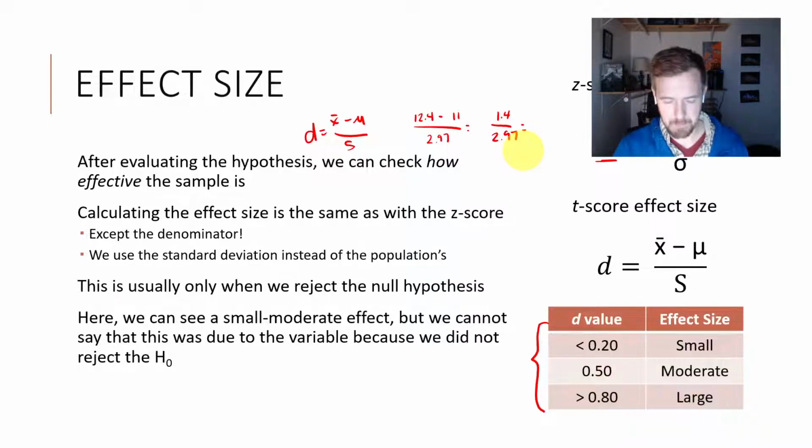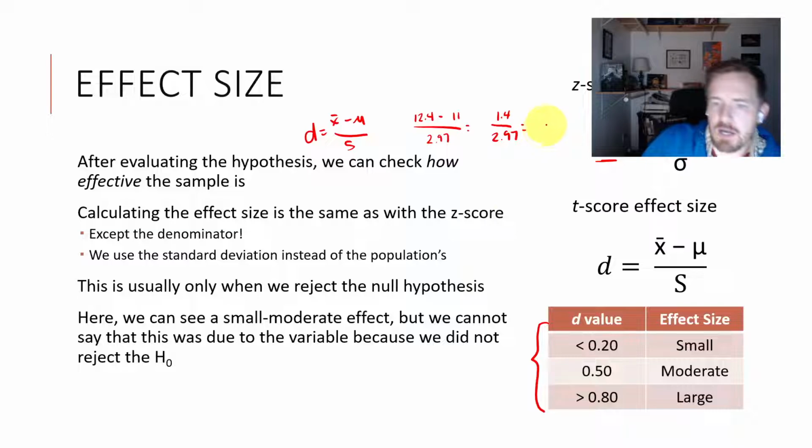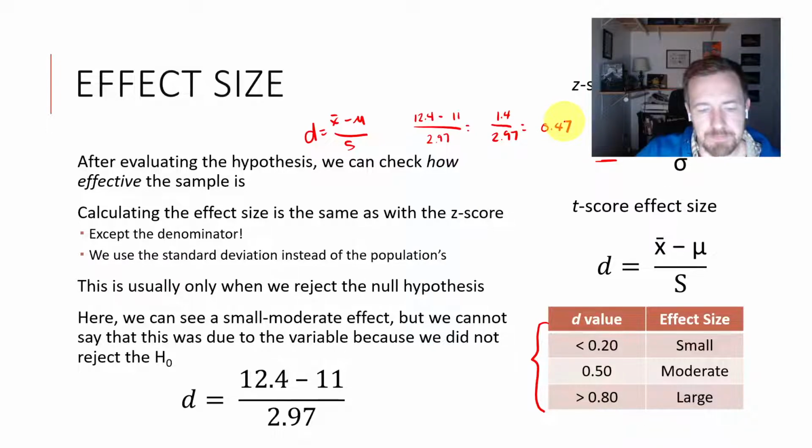Sorry. I got 0.47. So that is between small and moderate. So what we're saying is that this is a pretty moderate effect size that we would have had here.